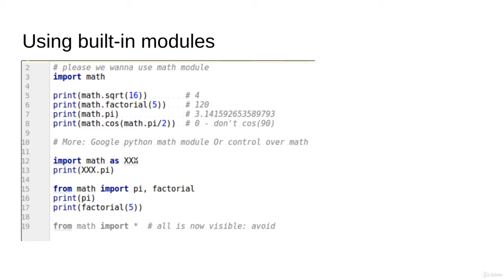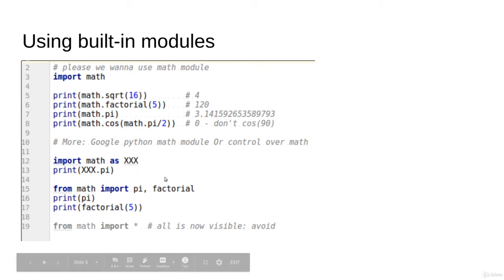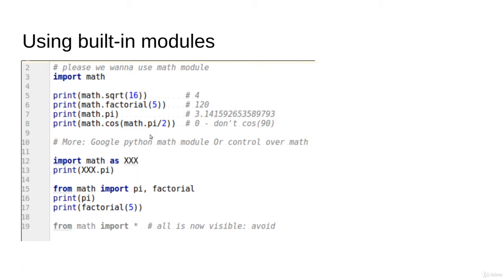There is a third case in Python. If you would like to make your life easier and use pi directly, factorial directly, which means these variables or constants are now visible in your current script or current module, you can do the following. We change the syntax a little bit. You write from math, not import math.